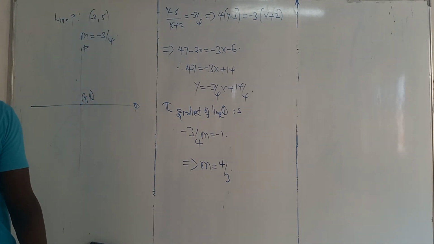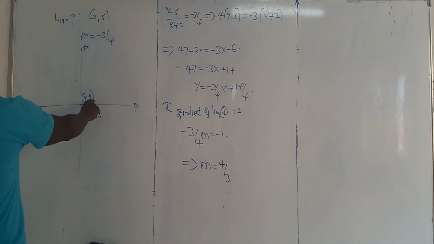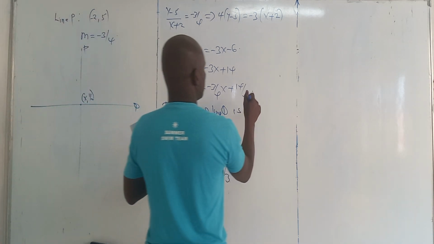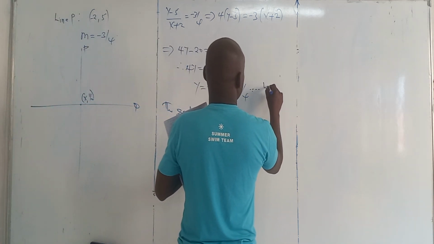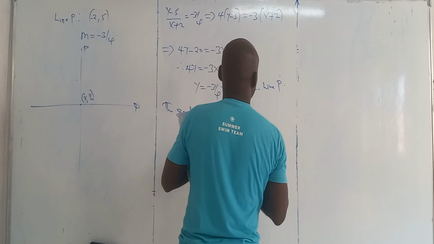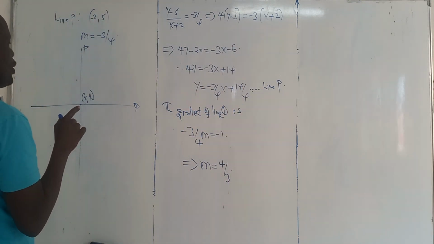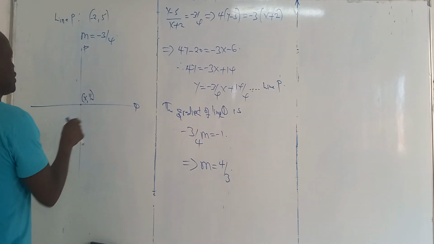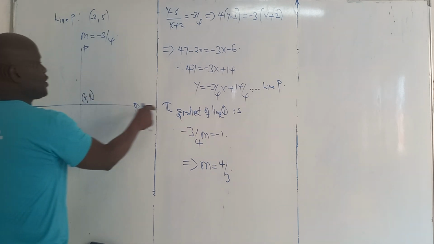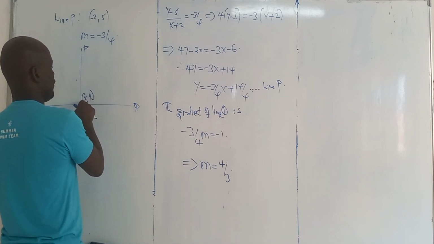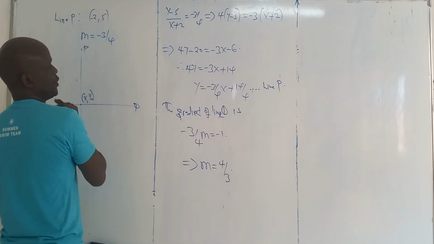We get x by substituting the value of y in the equation of P. So using this equation and a half, we are able to find the value of x at this point.